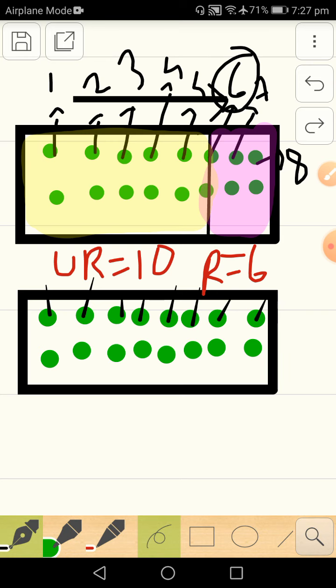Now suppose a catalyst has put the energy requirement line over here. This is what we are calling the activation energy line. So the activation energy is now 1, 2, 3, 4.